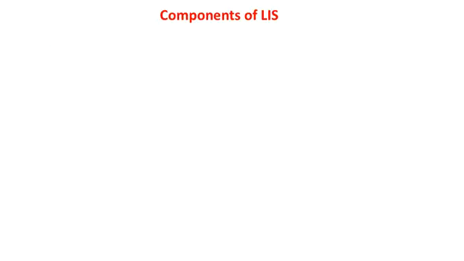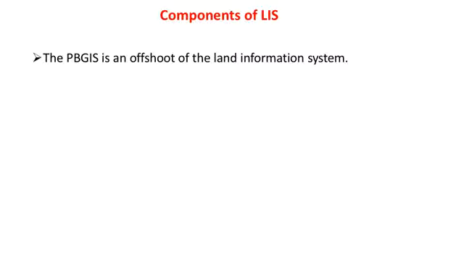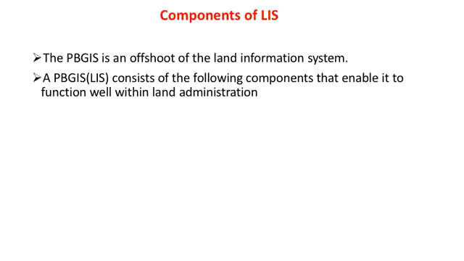Components can be like a parcel-based GIS system, which would be good instead of portion-based. Now in our system it is portion-based. Instead of that, a parcel-based system would be better to implement this particular system. It will be helpful for functioning well in land administration.